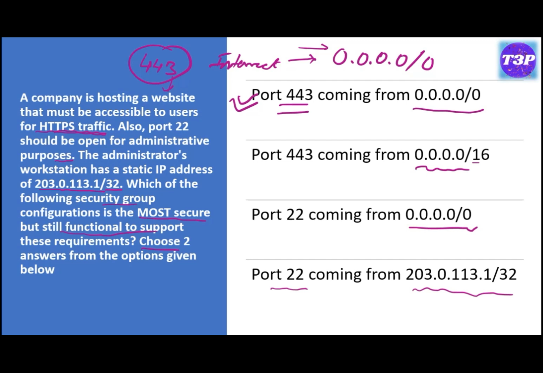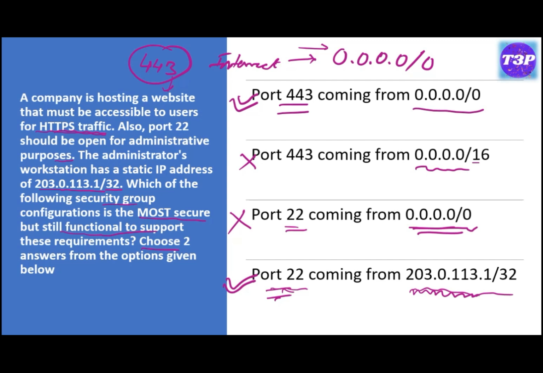So now this is not correct. Here they are talking about port 22 traffic coming from the internet, so that we also don't want. We want only the administrator system to access this website on port 22, so that will help us. So our answer for this question will be option 1 and option 4.